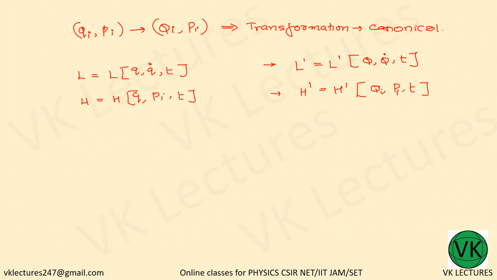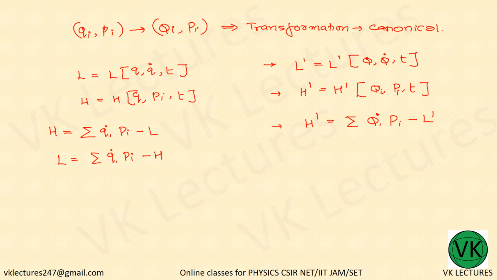And Hamiltonian from Lagrangian we can arrive at sum over qi dot pi minus L, and Lagrangian is equal to sum over qi dot pi minus H. Similarly here we have H dash equal to sum over i of capital Qi dot capital Pi minus L dash.